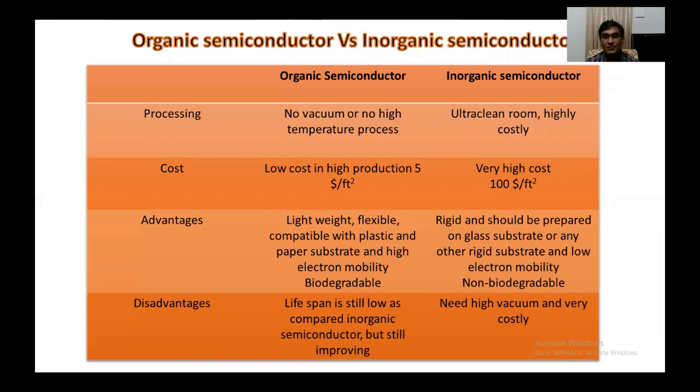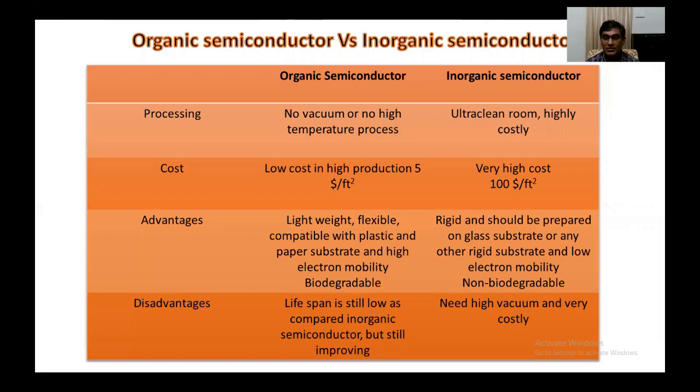Advantages in case of organic semiconductors: these are lightweight, flexible, compatible with plastic and paper substrates, have high electron mobility, and are biodegradable, eco-friendly. And inorganic semiconductors are rigid and should be prepared on a glass substrate or any rigid substrate, have low electron mobility and are non-biodegradable.